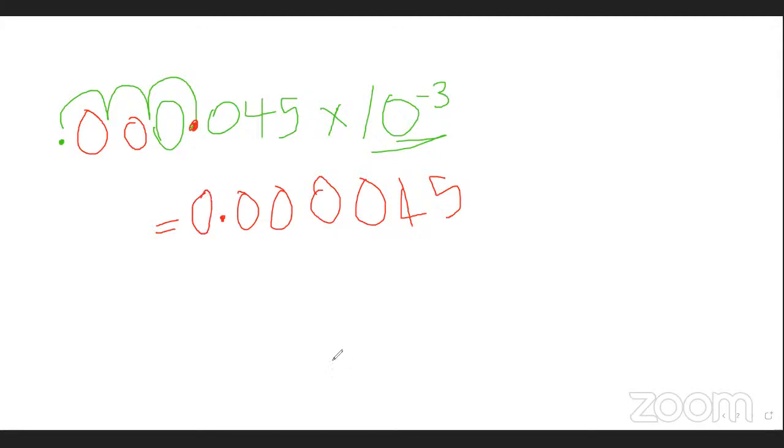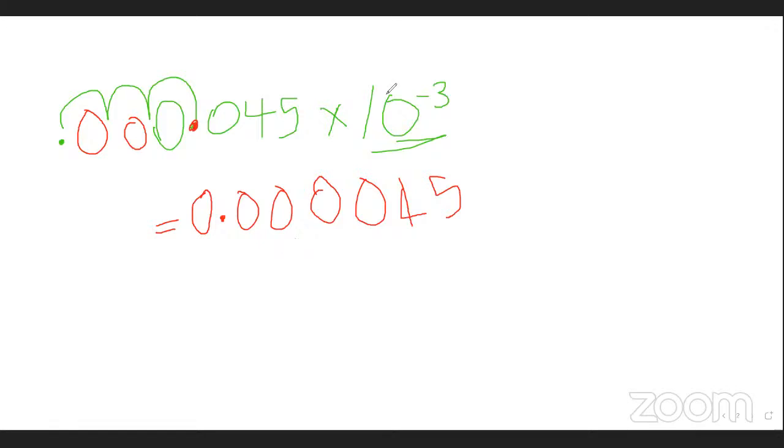And then after she did that, what she did next is to write it in standard form. That means that the decimal point must be after the first non-zero digit, meaning that the decimal point cannot be after a 0. It must be after 1, 2, 3, 4, 5, 6, 7, 8, or 9.